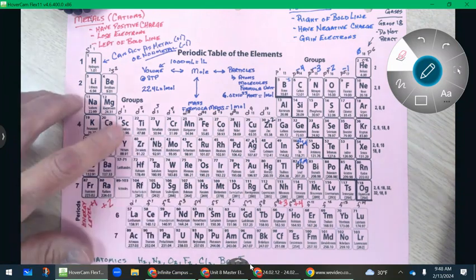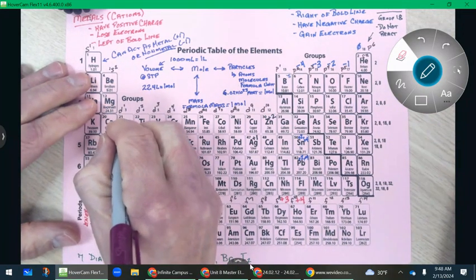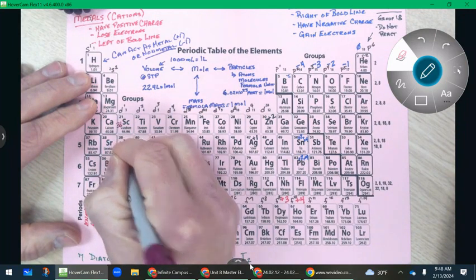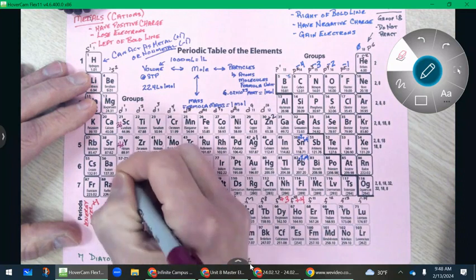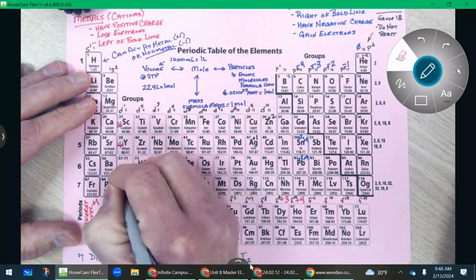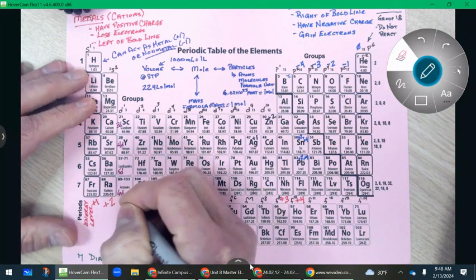So even though these, scandium through zinc, are in the 4th energy level, they are actually the 3Ds. These are the 3Ds. These are the 4Ds. What does that make this here? The 5D and 6Ds.